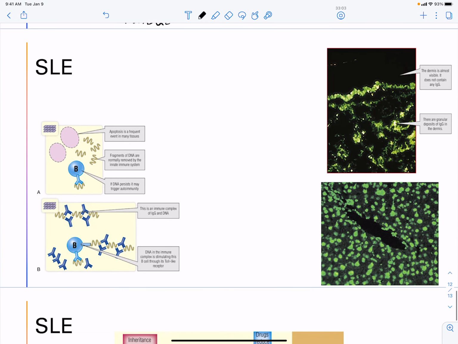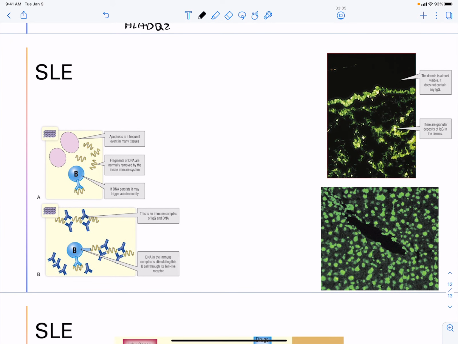Now, systemic lupus has a concordance rate of about 60%. And this is HLA-DR2.